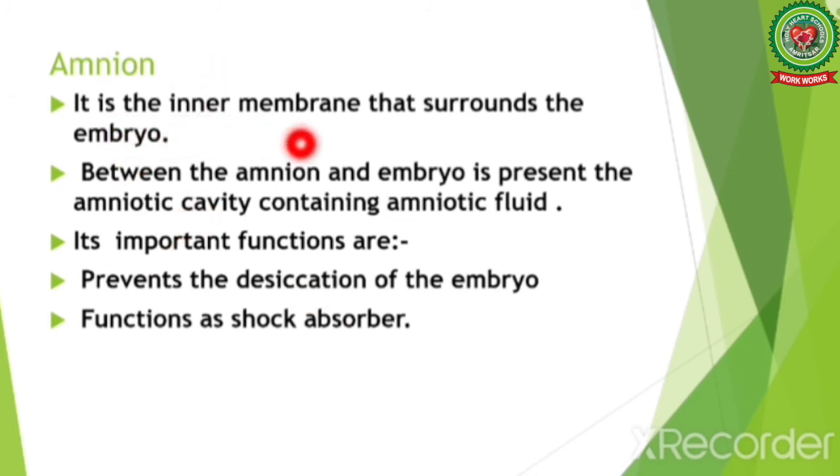It is the inner membrane that surrounds the embryo. Between the amnion and the embryo is present the amniotic cavity containing amniotic fluid. Its important functions are that it prevents the desiccation of the embryo and functions as a shock absorber.